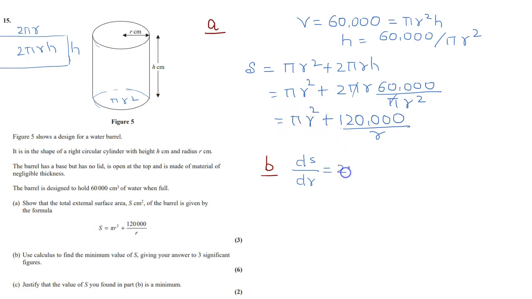So this will be 2 pi r, 2 will come here, plus r to the power minus 1. So this will become minus 120,000 r to the power minus 1 minus 1, so r to the power minus 2, that is r square.